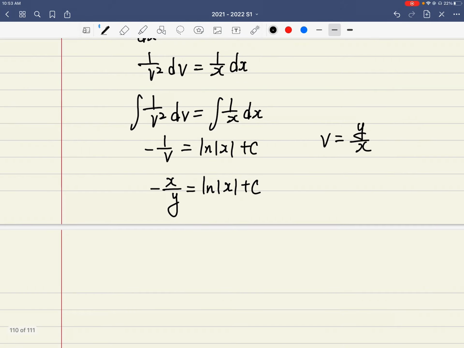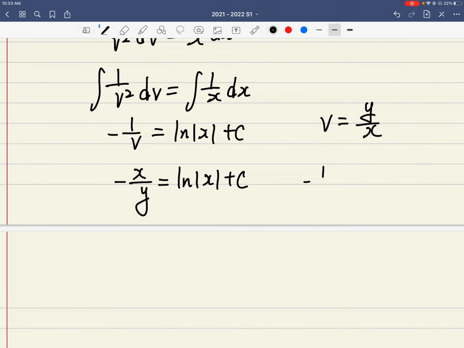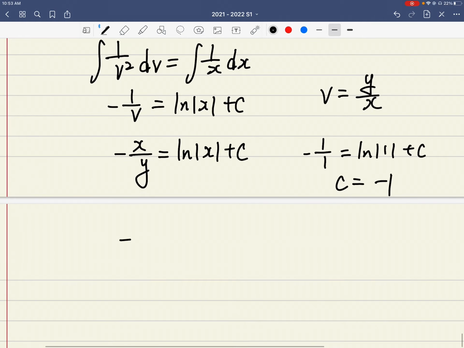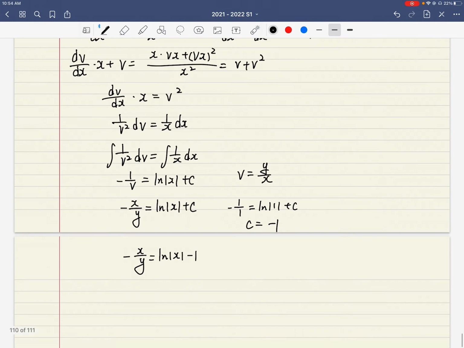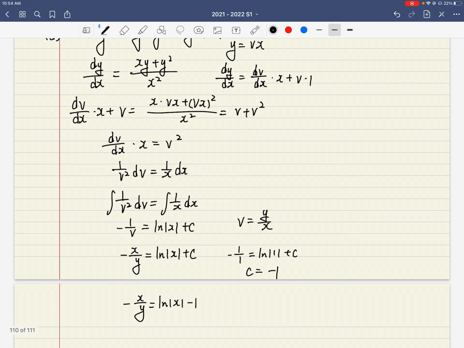Which means you can get the value of c, which is negative 1. Then this will be your final answer.